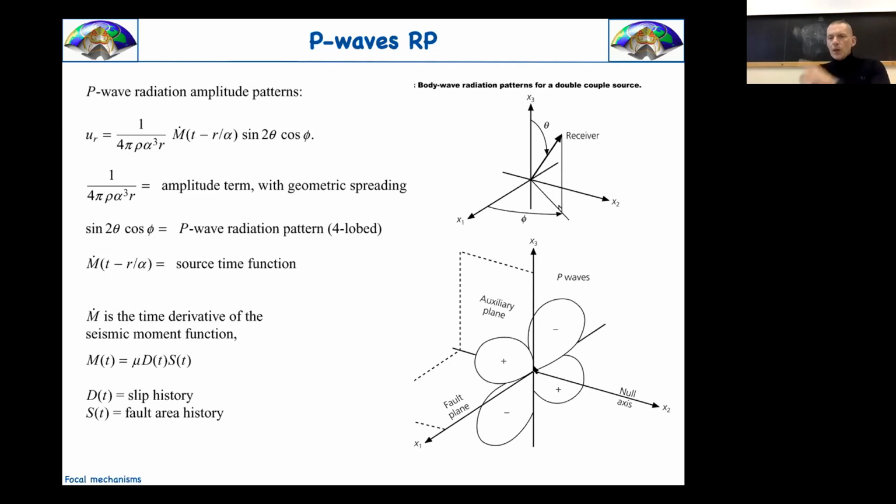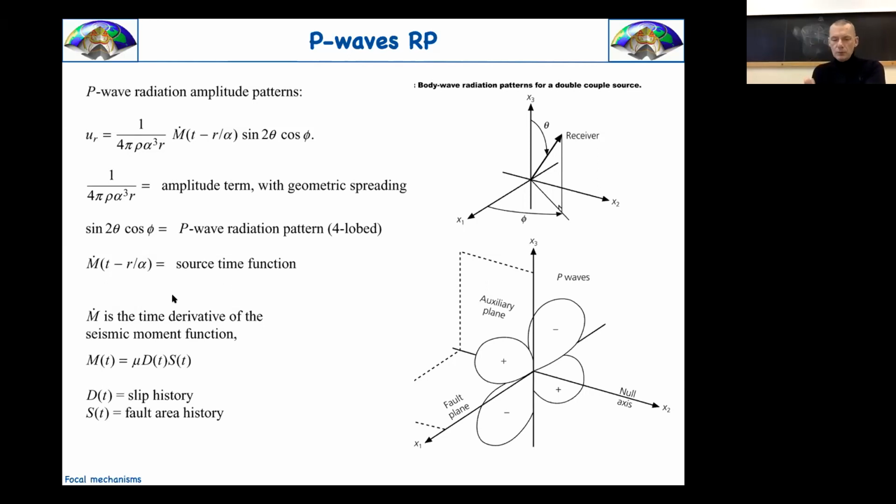Now, what is the information that is being carried? Well, for P waves, it has to be a push or a pull, according to our position, according to the orientation of a double couple and our relative position. So the time information is related to the time derivative of the slip function.